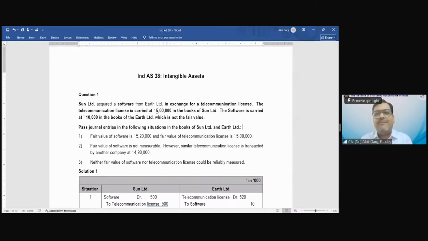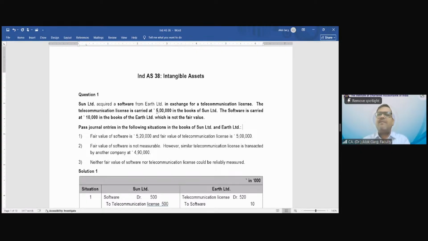Let me complicate this. Say the fair value of the asset you are giving up is given, and the fair value of the asset you are acquiring is also given. Now you have both the fair values. We will take the fair value of the asset given up only, because we pay that amount to purchase the asset.